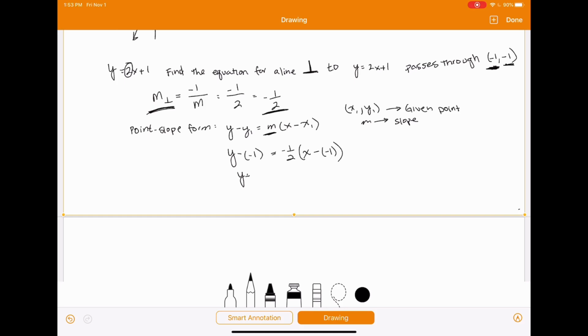So it's going to be y plus 1 equals -1/2 x minus 1/2, and then y equals -1/2 x minus 3/2.